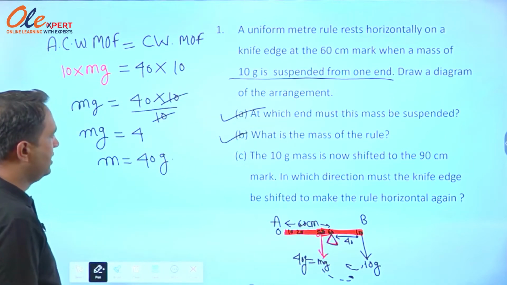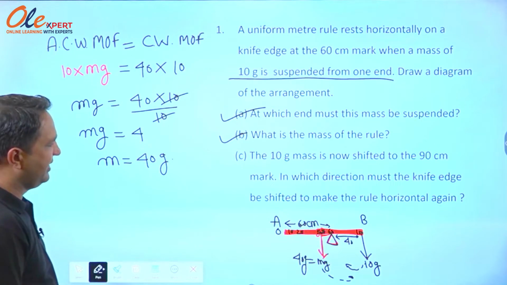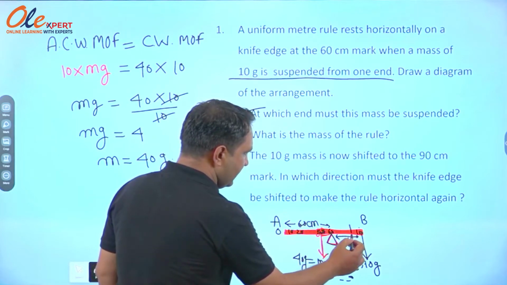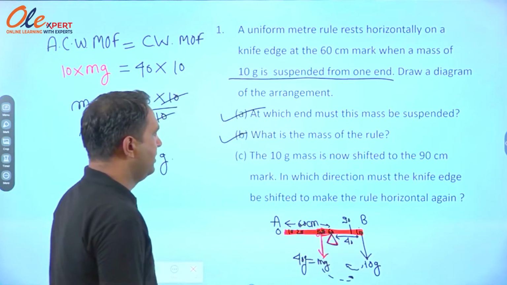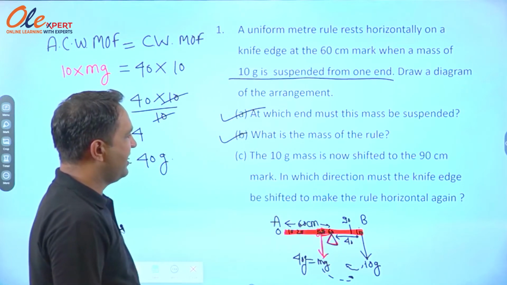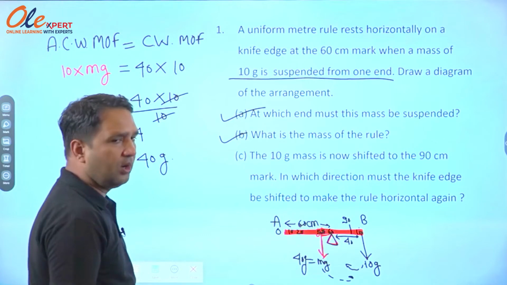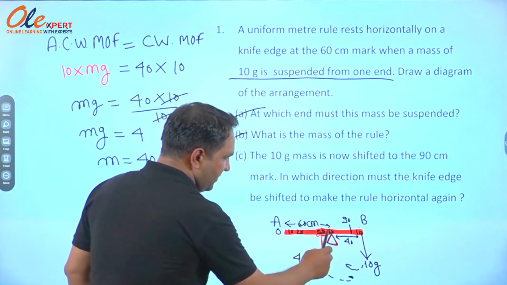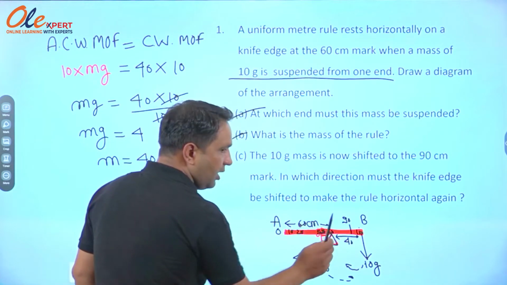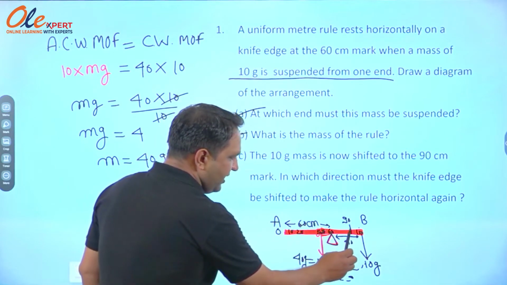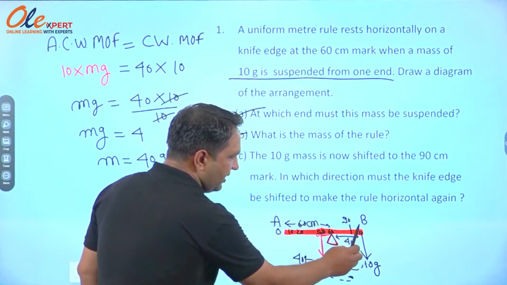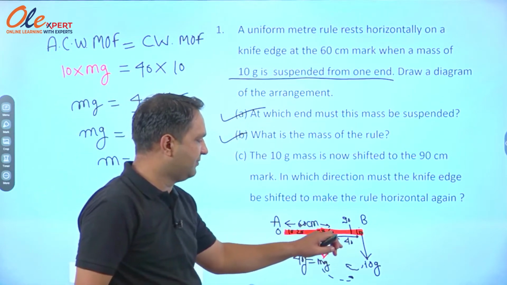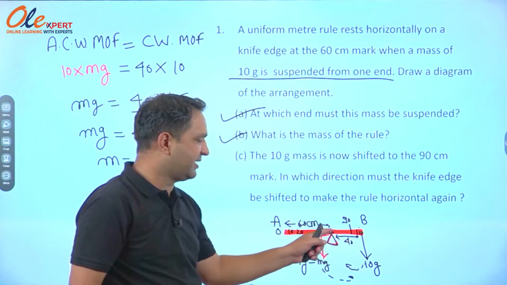Now the third question. The 10 gram mass is now shifted to the 90 centimeter mark, from 100 to 90. In which direction must the knife edge be shifted to make the rule horizontal again? What you saw is that the perpendicular distance between the knife edge or fulcrum and the mass, from 100 to 90, decreased.